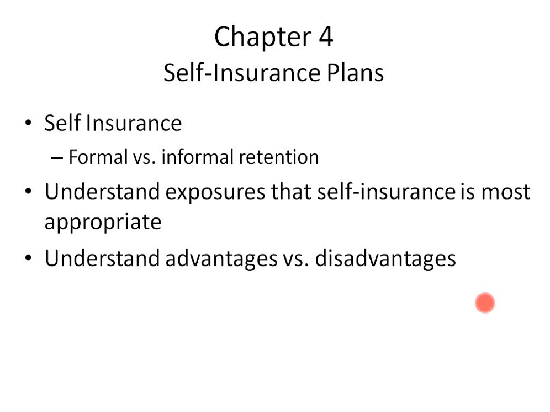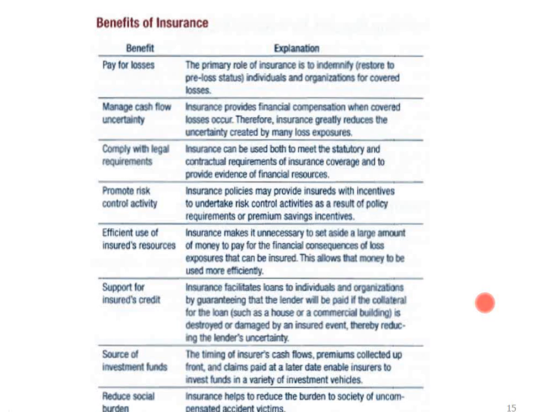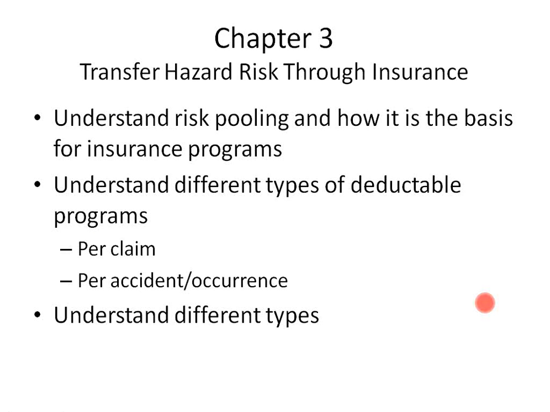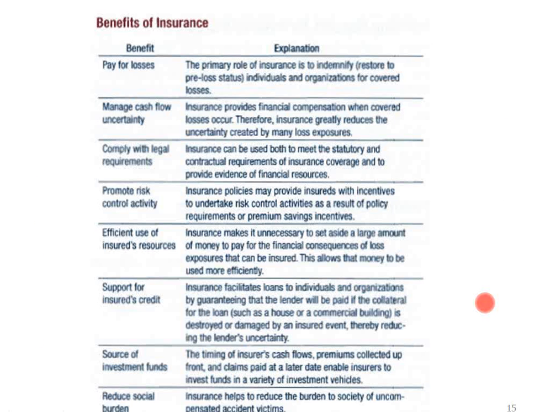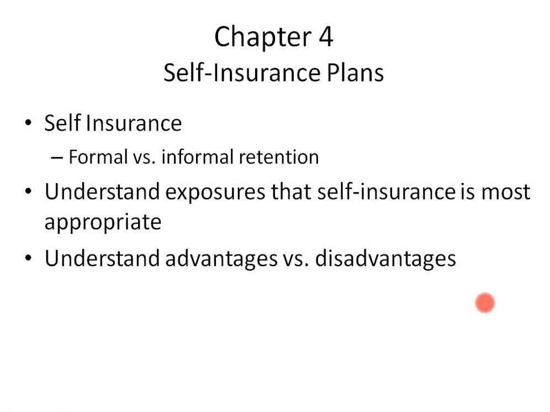Chapter 4, moving on now. If you think about how we talked about in the prior chapter transferring hazard risk through insurance and pooling, as we move to self-insurance, now we start moving on to the different types of programs. So with self-insurance, there's the idea of formal versus informal retention.